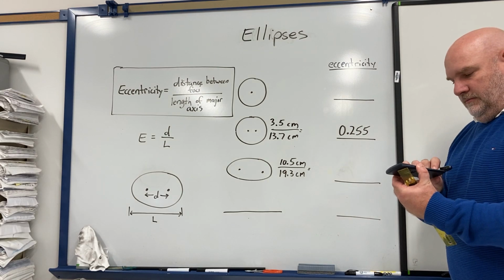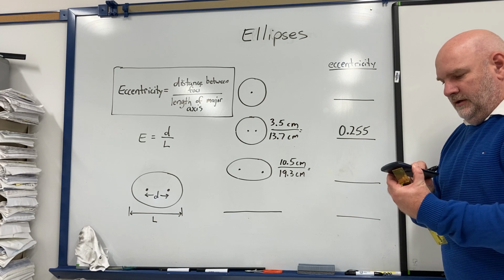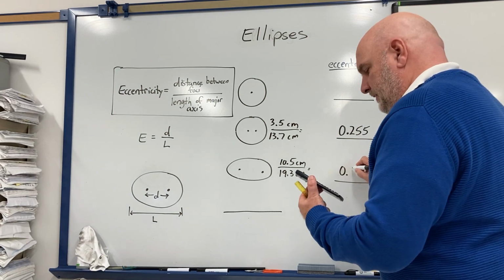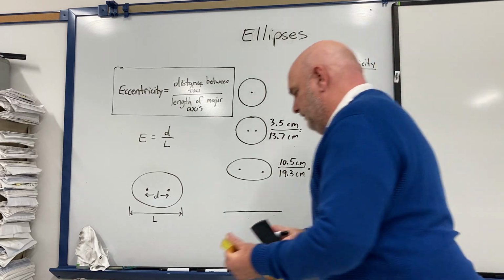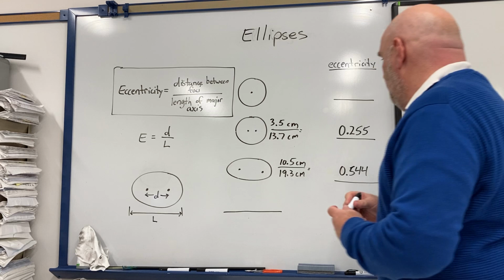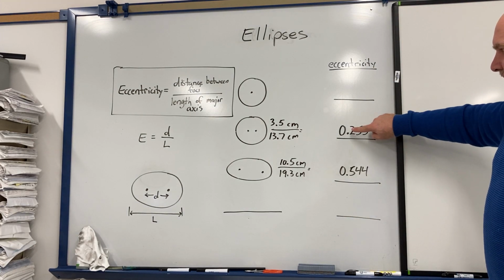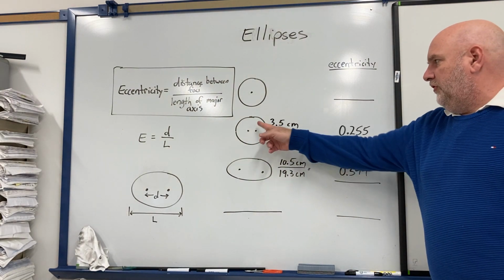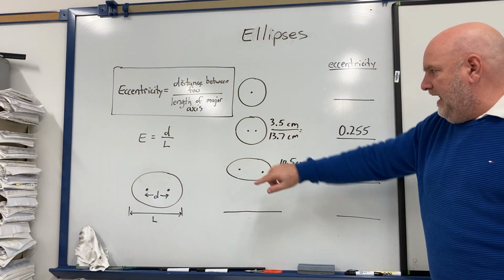So 10.5 divided by 19.3 equals 0.544. So what you should notice is when the eccentricity is lower, it's more circular. When the eccentricity value is higher, it's flatter.